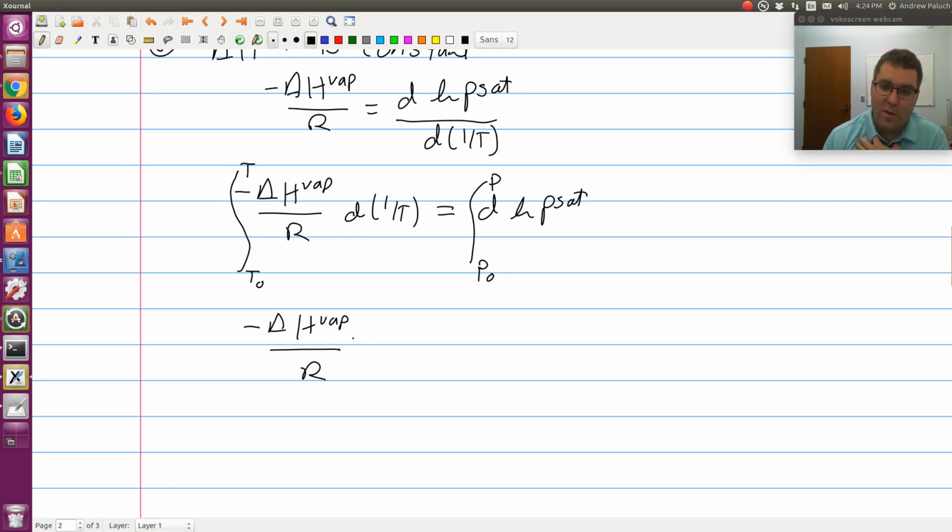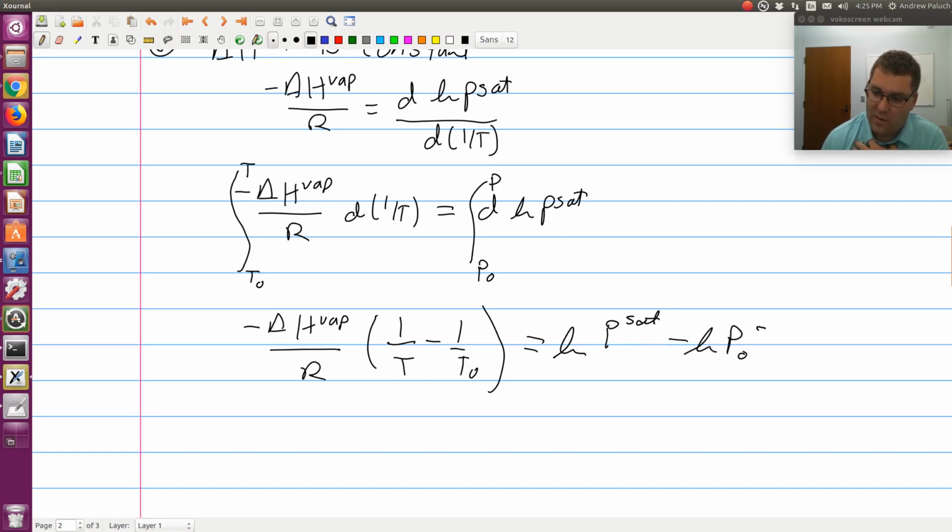Well, no. It's just the integral of the differential of 1 over T, so this is just 1 over T minus 1 over T naught. Sorry. And that's going to be equal to the integral of the differential of log PSAT, so that's just log PSAT minus log P naught sat.